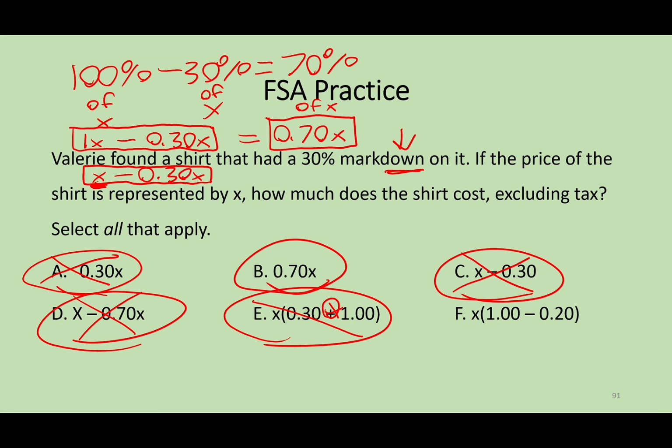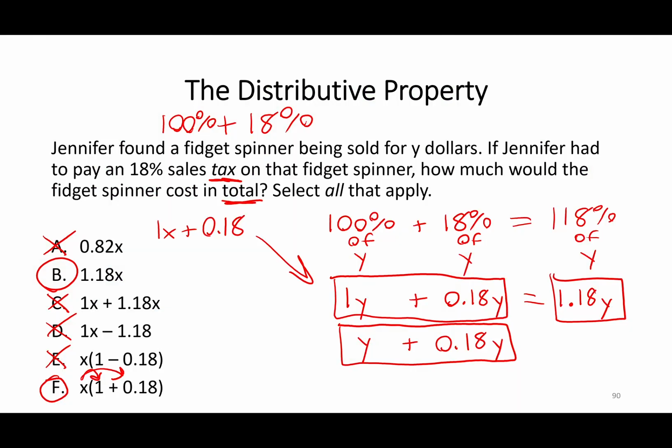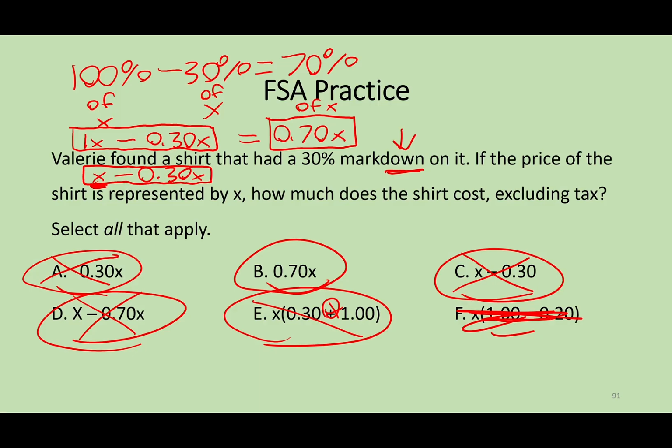But I'm not doing minus 0.2x. I'm doing minus 0.30x. So something here is wrong. F is also wrong. Oh, I can finally write. Looks like my only correct answer choice is B. So disregard the select all that apply. My only correct answer choice is B.